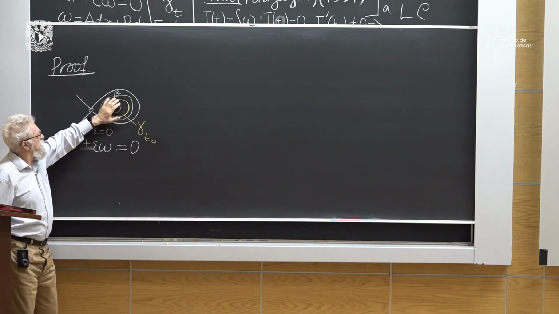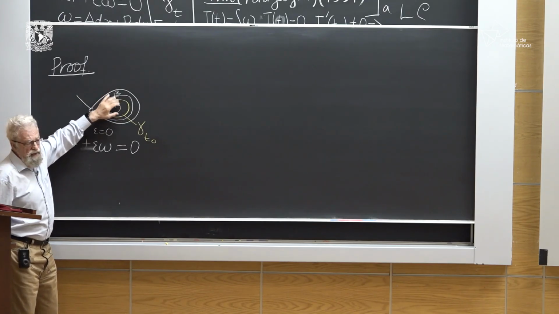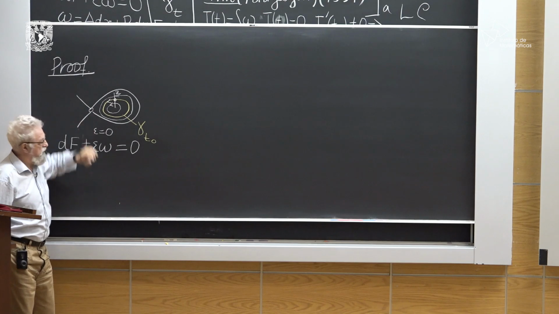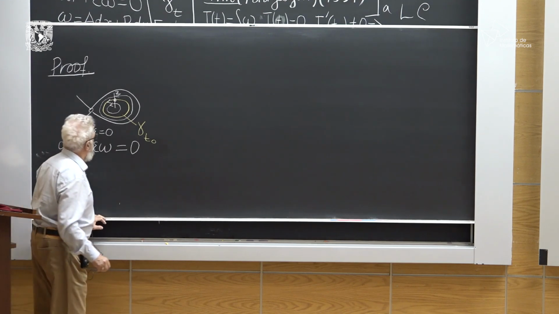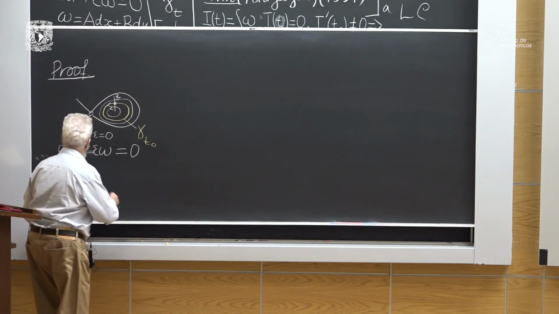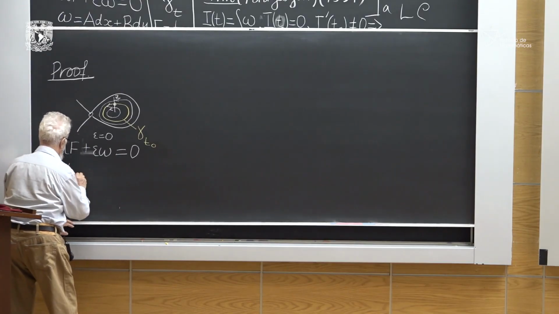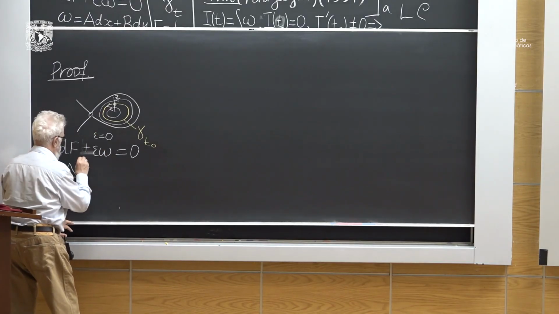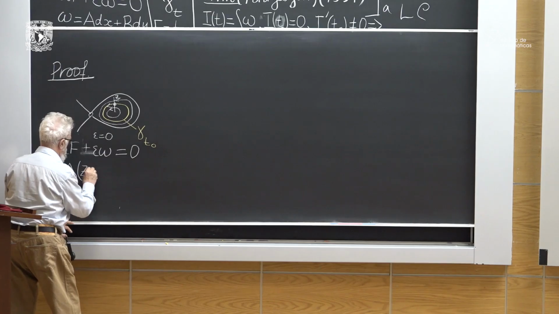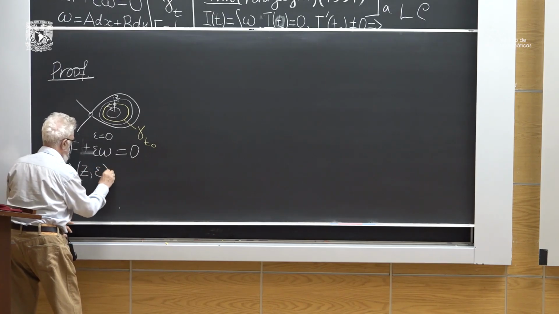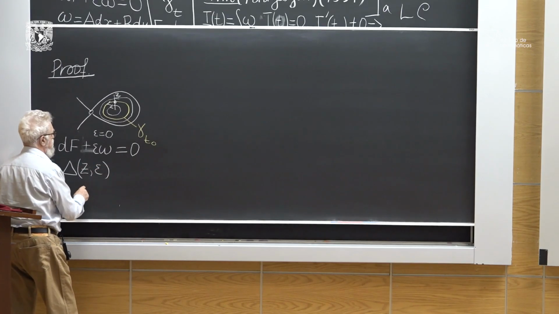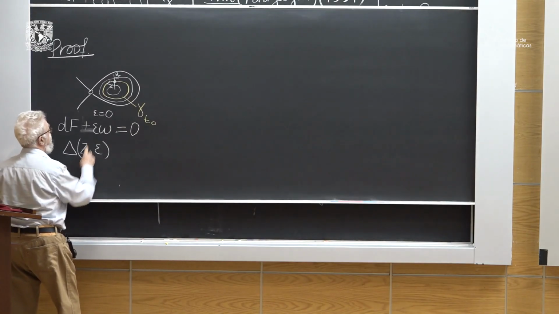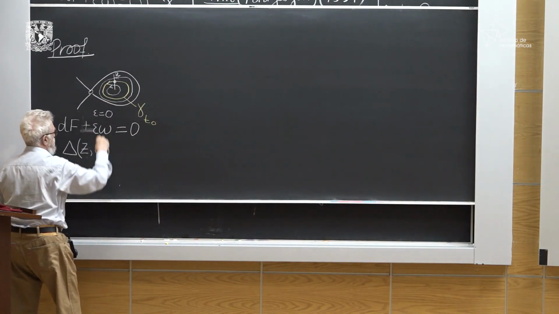And this is a complex transversal line. So the Poincaré map, delta of z, epsilon, depends not only on z, but on epsilon.